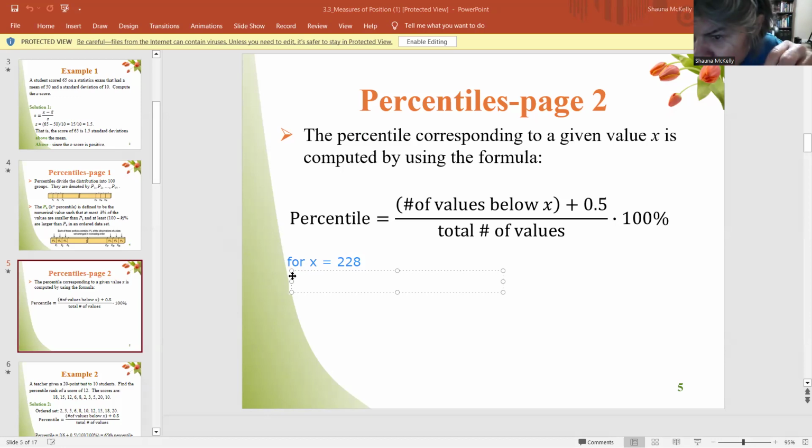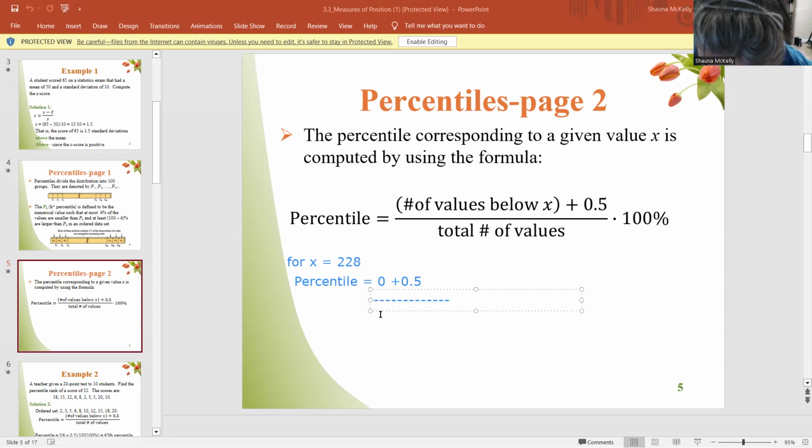Now, don't confuse yourself. This means values in the list that were below that, not numbers when we're counting it. This refers to values in the list. There weren't any. So here we're going to have percentile equal to 0 because that was the minimum, plus 0.5. And this has to do with the correction for the percentile calculation itself.